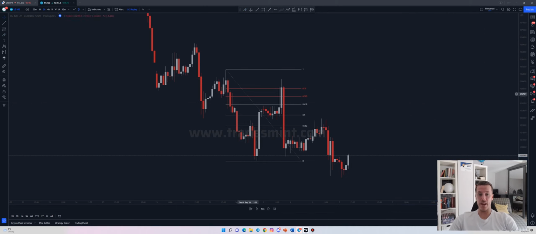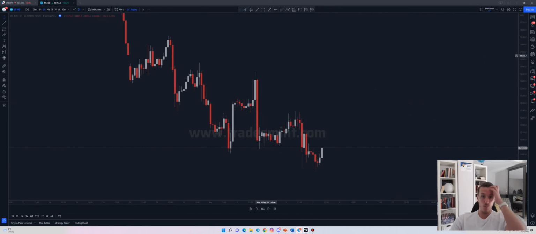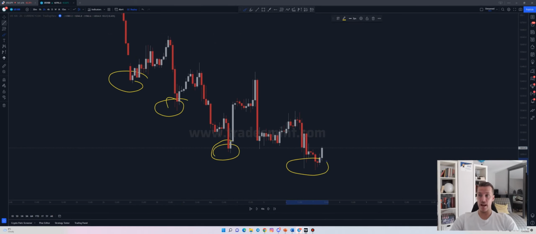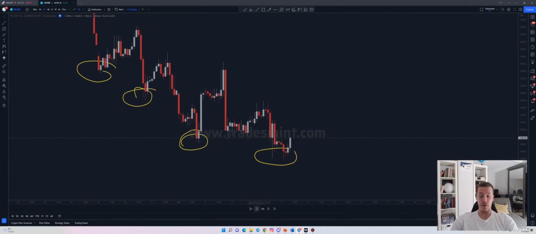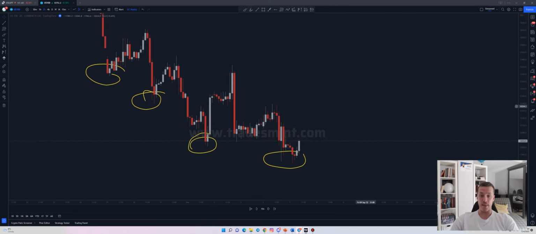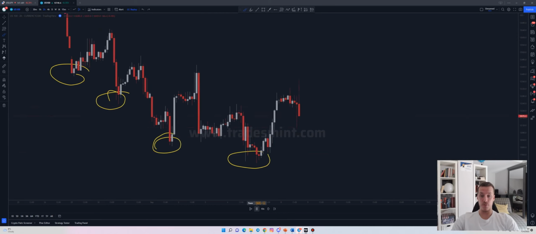That means that the price is telling me that there are more and more bulls stepping in at each move to the downside. So we can expect that the price may move higher. And now I need to be more cautious with my short setups. So basically either avoid short setups or use higher, bigger stop losses to avoid getting faked out since there's more and more bulls stepping in. And let's see what happens later.